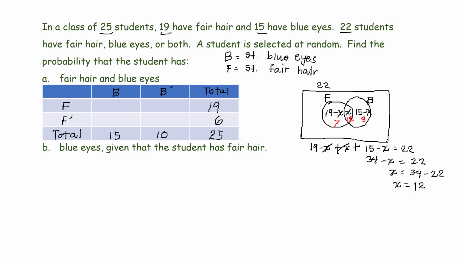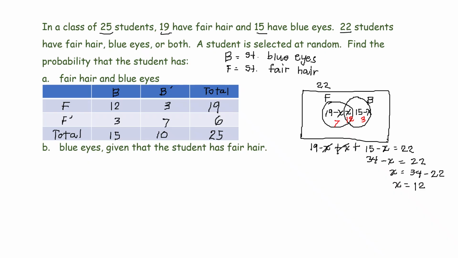Going back to the two-way table, X here means both blue eyes and fair hair. So let's write 12 here. 19 minus 12 is 3. This is 15 minus 12 is 3. This is 3 plus 7 to get 10.